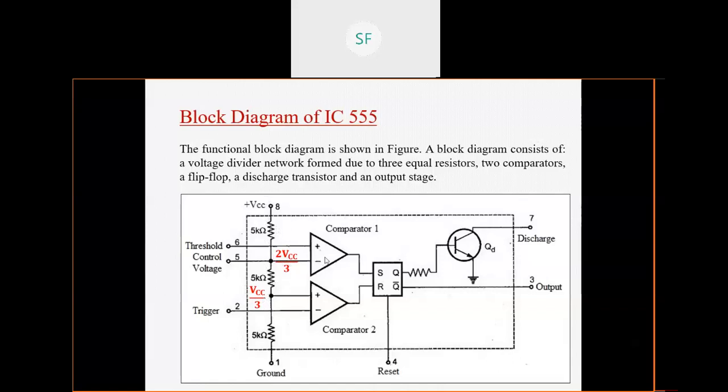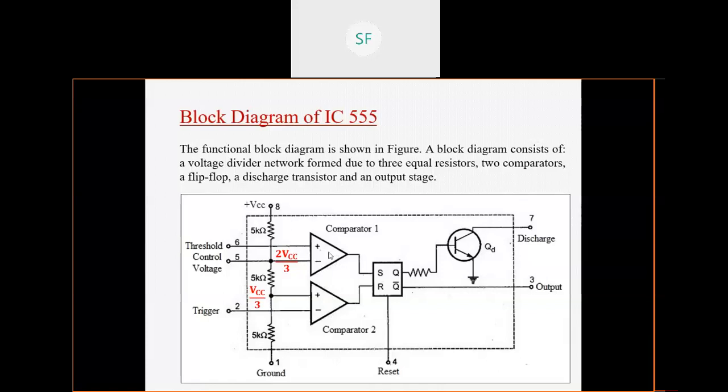Now the next main component of your block diagram, you can observe here there are 2 triangles. These 2 triangles are nothing but op-amps, which are connected without feedback. You can observe there is no feedback given. There is no connection from output to input. That means it is open loop.